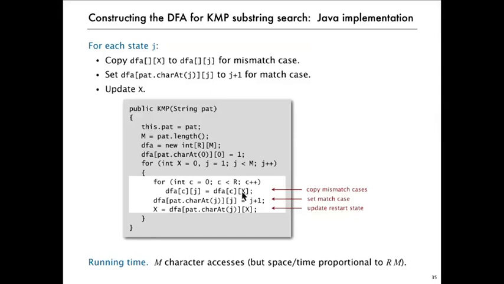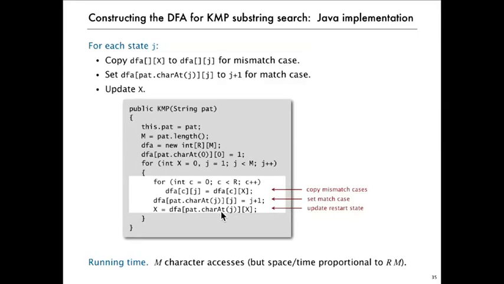In fact, we just copy them all and then overwrite the one corresponding to the match case to J plus 1. So the entry in the column that corresponds to the pattern character, that's where we go if we match, that's J plus 1. All the rest of them are copied from X. So one for loop to copy from X, then set the match case.